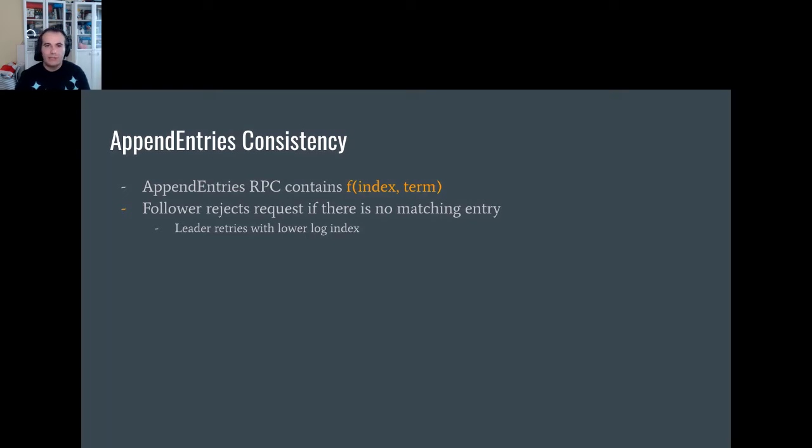And whenever you send, okay, I want to become a leader, then your index will be compared. You send a request to the follower saying, okay, I want to be a leader. They check your index and term. If it is outdated, they fail your RPC request. And also, a follower rejects the request if there is no matching entry.